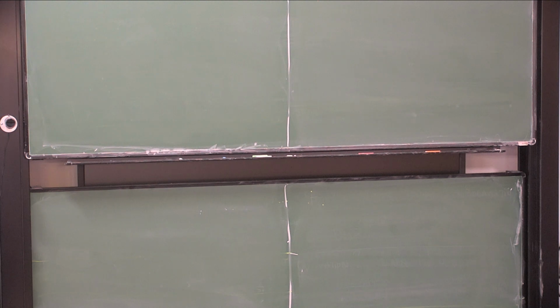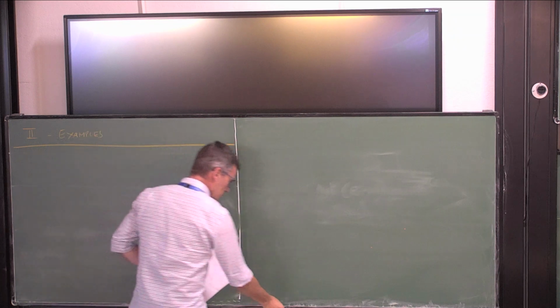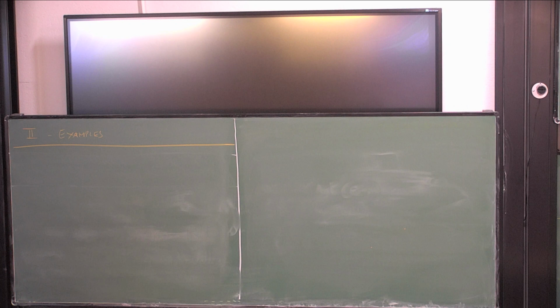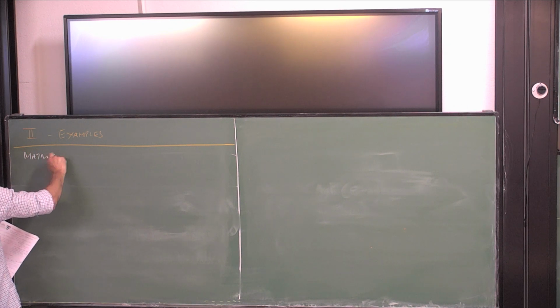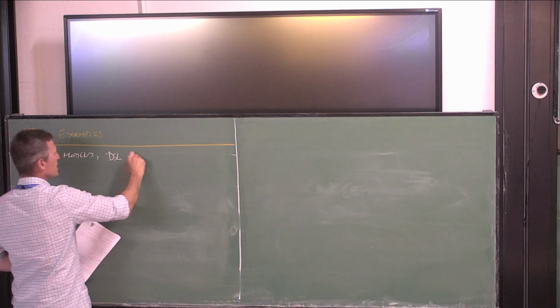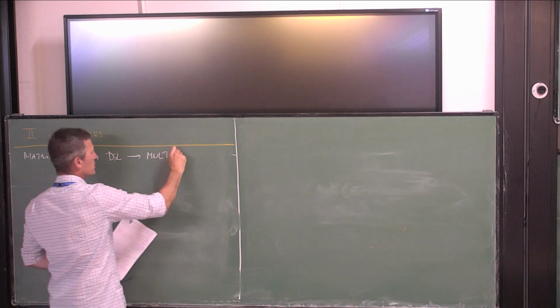Let's do some examples. So there's, of course, many examples that one can do with matrix models. And double scaling limit of these guys, so multi-critical models.